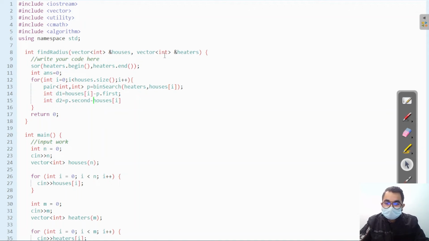Okay, so this is how we are going to calculate the distance, but is it right?